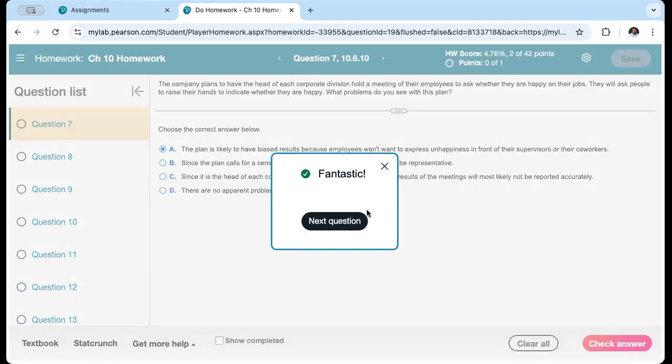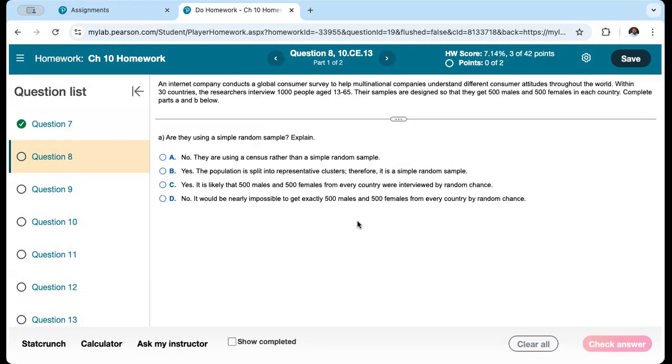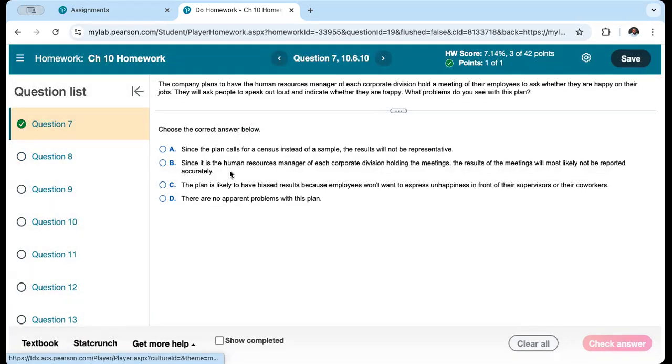Yeah, so A is the right answer, because the question is saying that the company plans to have the human resource manager of each corporate division hold a meeting of the employees to ask whether they are happy in their jobs. They will ask people to speak out loud and indicate whether they are happy.